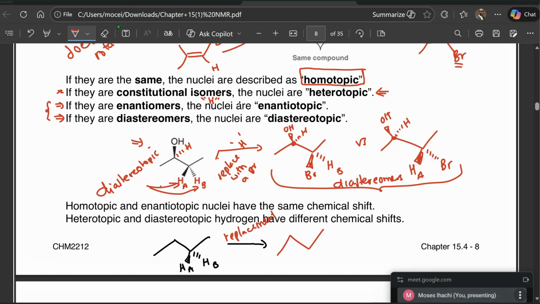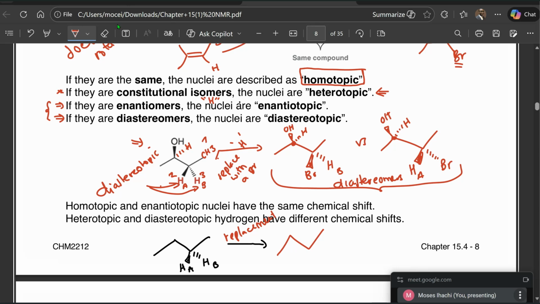Okay, first of all, since these are diastereotopic, the number of signals I expect to see is a lot. This CH3 will be the first signal, and then each of these will be by themselves. Diastereotopic hydrogens are not the same.